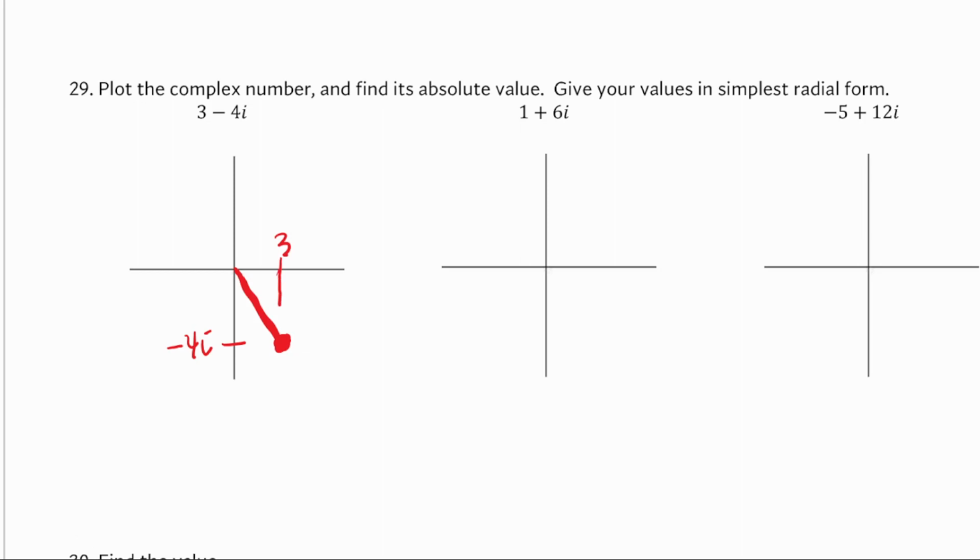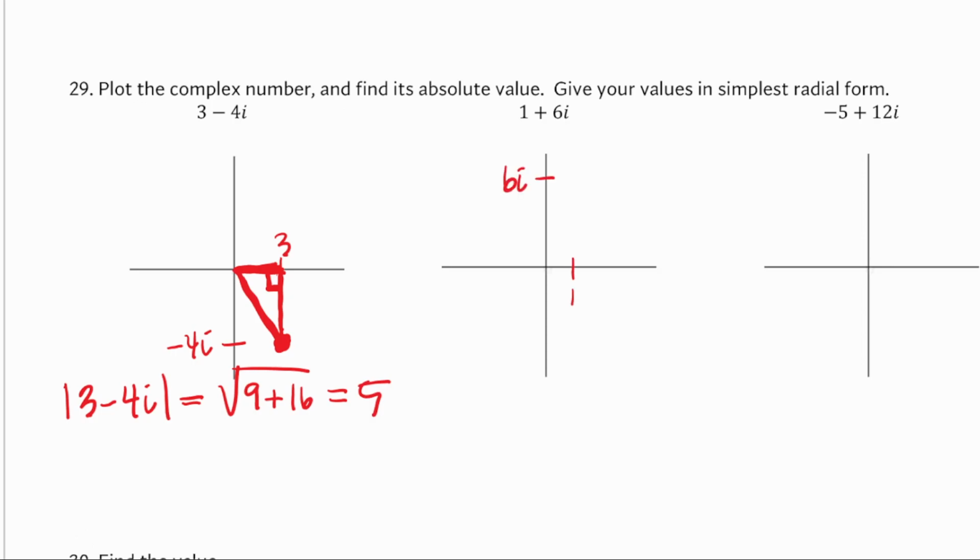So I could turn this into a triangle that had side lengths of 3 and 4. It's a right triangle, and we know about 3, 4, 5 from geometry class. We could also say the absolute value of 3 minus 4i is equal to the square root of 3 squared, which is 9, plus negative 4 squared, which is positive 16, and that's the square root of 25, which is 5. 1 plus 6i right here, that's another thing that we could turn into a triangle, or we could just use the formula.